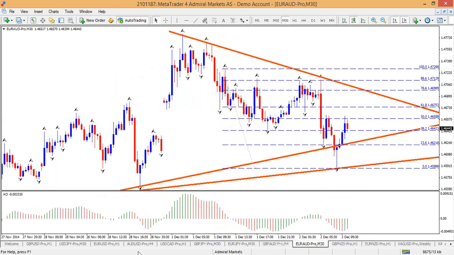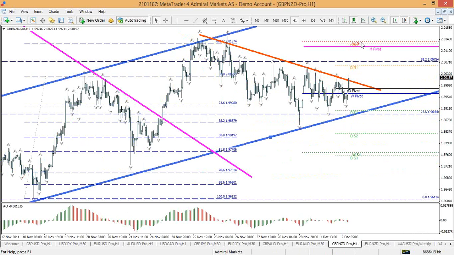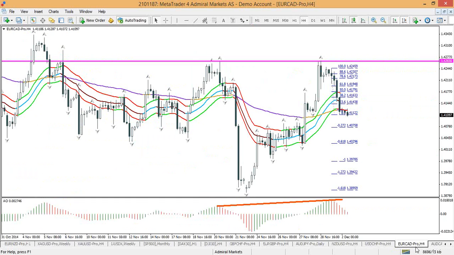Otherwise, I think these were the most interesting for me, right? Because otherwise, I don't remember seeing something that caught the attention. The pound New Zealand maybe, right? The break to the upside. And the euro CAD, in fact, right?